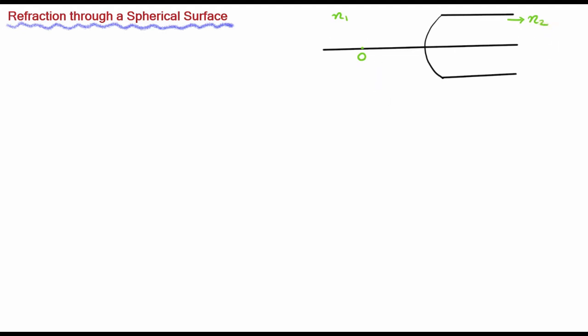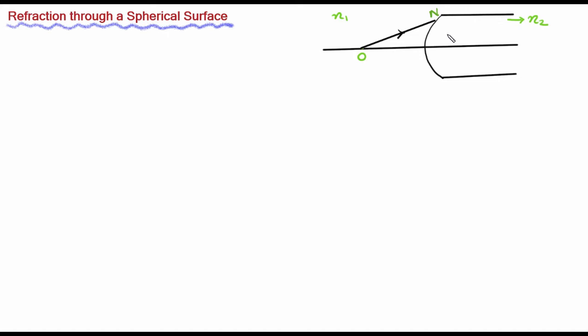Now this object will emit a light ray which will strike the spherical surface. The light is incident on the spherical surface at a point N. As we already know, the light is traveling from one medium to another medium, so it has to undergo refraction.